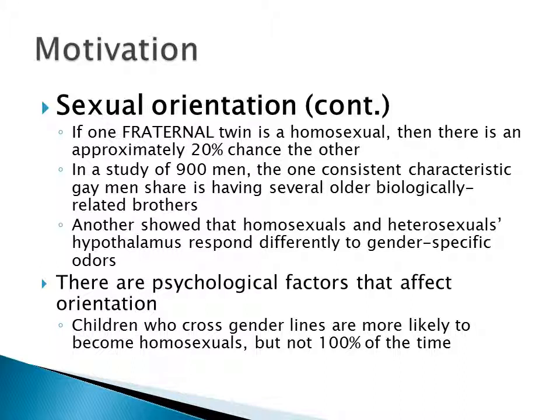Another study showed that homosexuals' and heterosexuals' hypothalamus respond differently to gender-specific odors. There are physiological factors that affect orientation. Children who cross gender lines are more likely to become homosexual, but not 100% of the time.